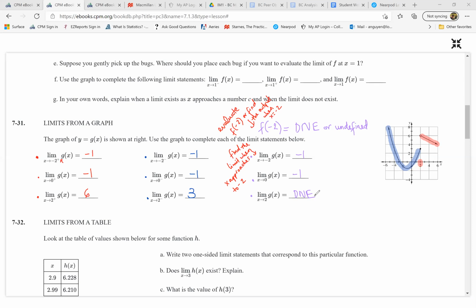Therefore, when we have the limit at the x value, we don't have a limit. Does it make sense? Did I confuse anyone? Okay, time for you to process and ask me questions. We still have 1 minute to ask questions.